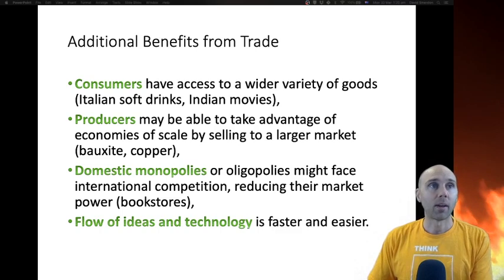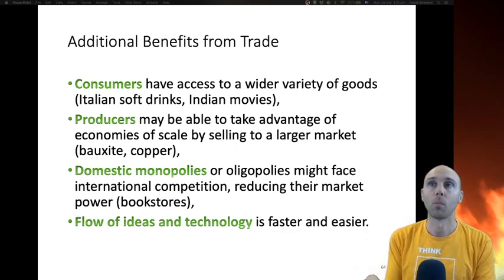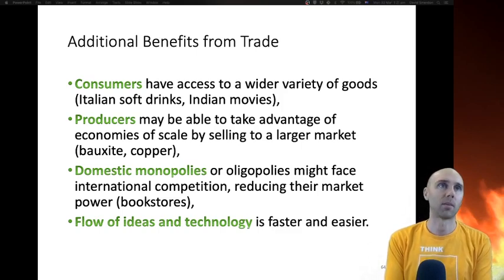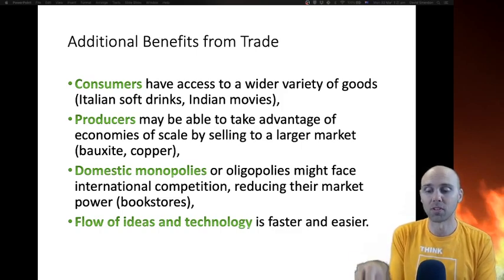As a nice segue into what we'll talk about in the future, when we don't have a perfectly competitive domestic market for a good, but we actually have some sort of market power, such as a monopoly or an oligopoly, then this international competition can actually reduce that power. So monopolies are generally not good. Things like, for example, the supermarkets, which is a well-known duopoly between Coles and Woolworths.